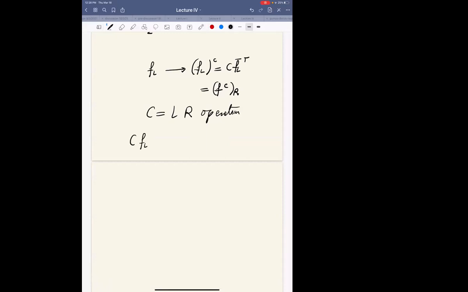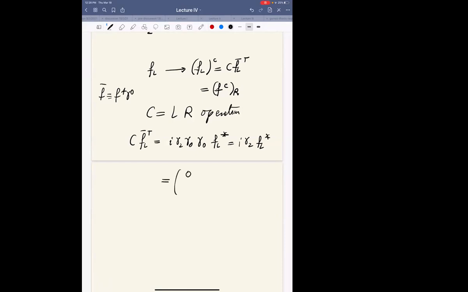C F_L bar transpose, let's write, is i gamma 2 gamma 0. Then from there is another gamma 0 from F bar, and then I get F_L star. I'm simply saying that F bar in general is F dagger gamma 0. So now I take a transpose, I obviously get what I get here, and this is i gamma 2 F_L star.